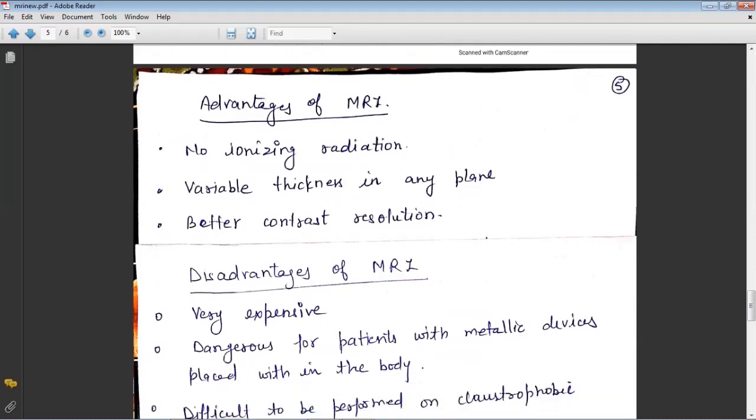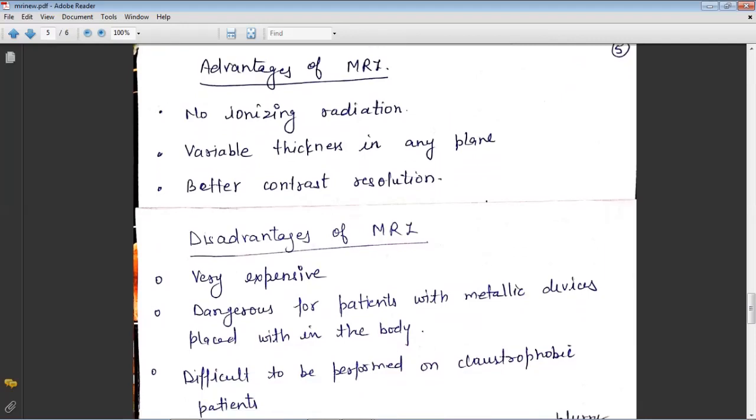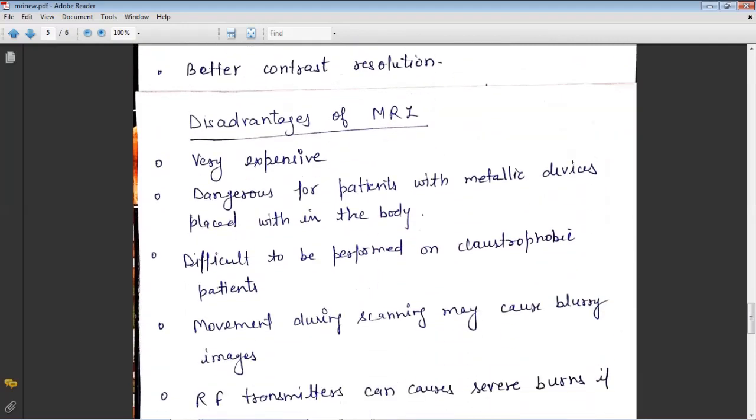And now the disadvantages of MRI, because the advantages are here, so the disadvantages are also here. Firstly, it is very, very expensive. And the second point, it is dangerous for patients with metallic devices placed within the body, as we discussed above.